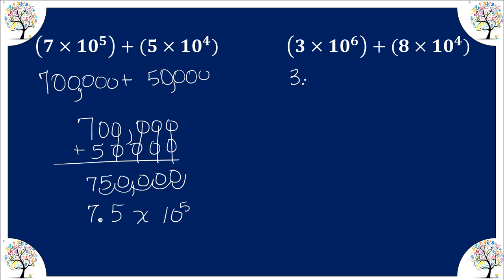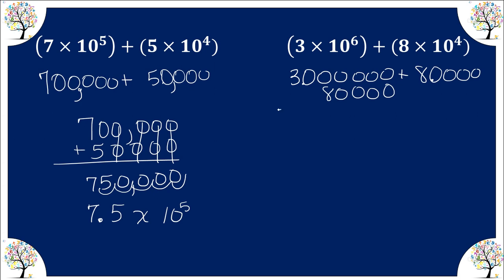We have 3, and the decimal is here. We're going to move it 6 times to the right. So that's 1, 2, 3, 4, 5, 6. We have 8, and we're going to move the decimal 4 places to the right. 1, 2, 3, 4. We're going to line up our decimals, and we're going to add.